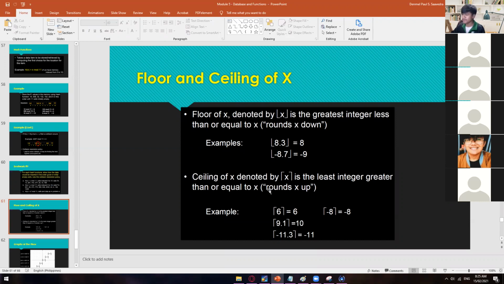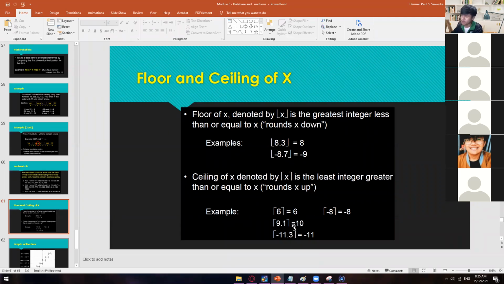All right, so we have the ceiling right here. If it's 6, or if it doesn't have a remainder or a decimal rather, then it will stay as it is. However, if it already has a remainder or a decimal, even though it's 0.1 or 0.0001, then it will round up to the next number.